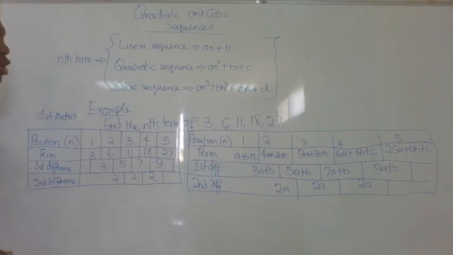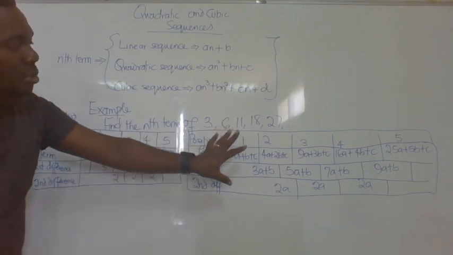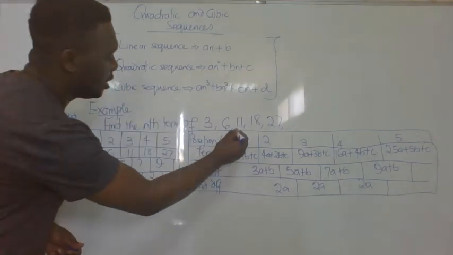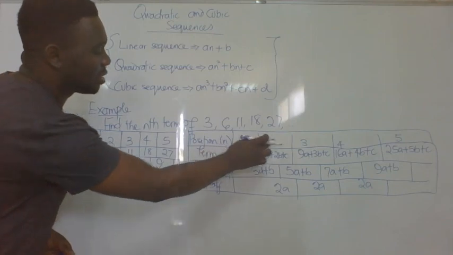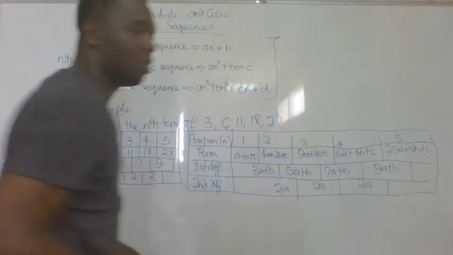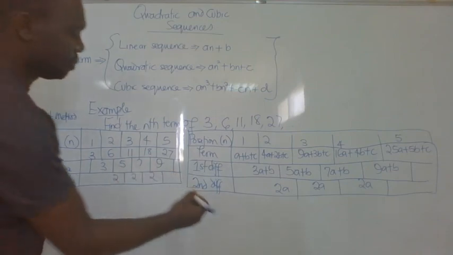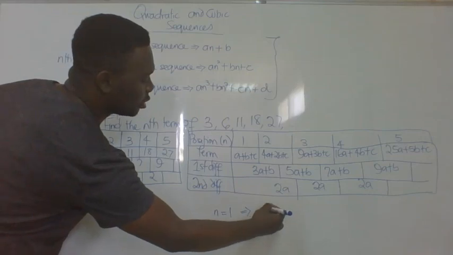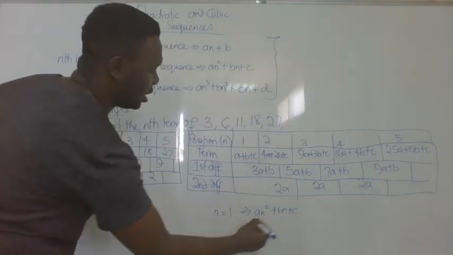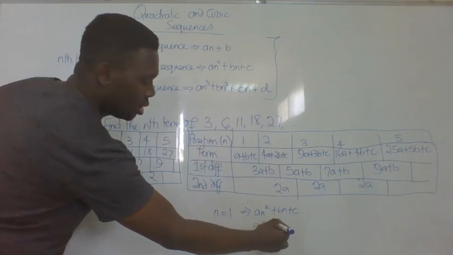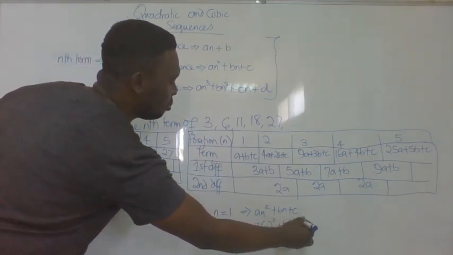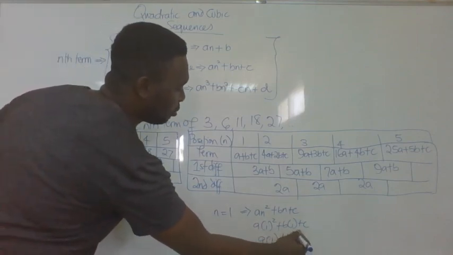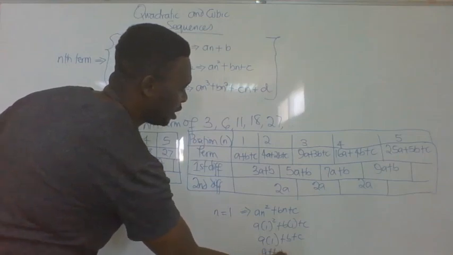Now you want to talk about the algebraic representation. Here we have the first, the second, the third, the fourth, and the fifth terms. If I put n equals 1 into an squared plus bn plus c, I'm going to have a into 1 squared plus b into 1 plus c, which gives me a into 1 plus b plus c, which is actually a plus b plus c.